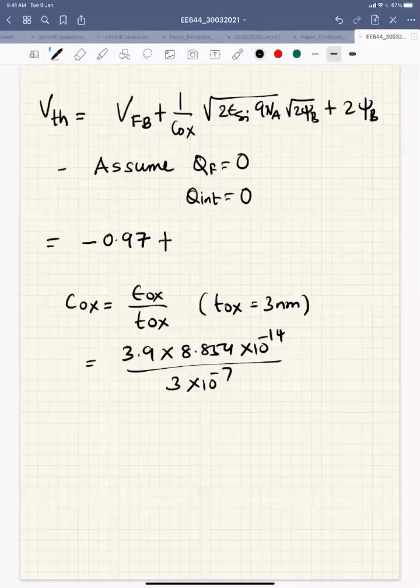And putting Na equal to 10 to the 17 per centimeter cube, this term will be 0.146, and this term is around 0.8838. 2 psi b is 2 times kT by q ln Na by Ni.